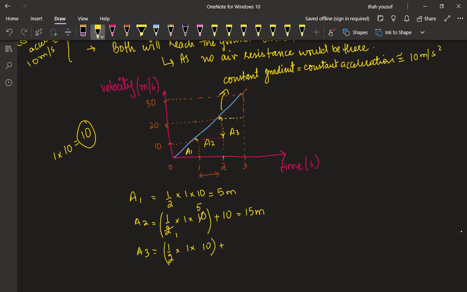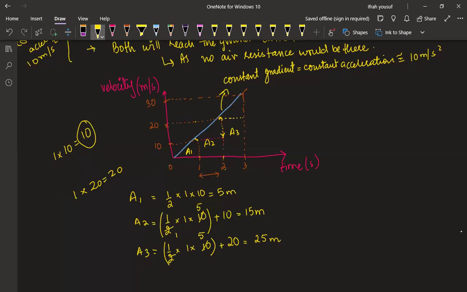And then you also have to add the triangle, where the height is 10 and the base is 1. So 1 over 2 times 10 times 1, which is 5.